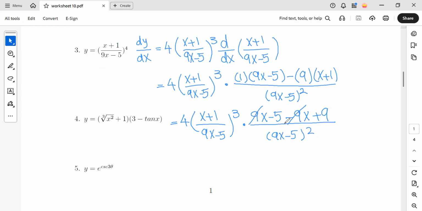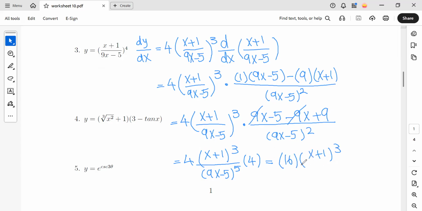So these two will cancel out, and we're left with x plus 1 power 3 over 9x minus 5 power 3, and we have a power 2 here, so altogether power 5 on the bottom, and 4 on top, because 9x and 9x are just canceled out, and negative 5 plus 9 is 4. So altogether, you would end up with 16 times x plus 1 power 3 over 9x minus 5 power 5.